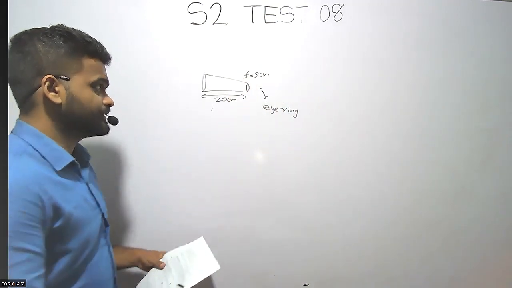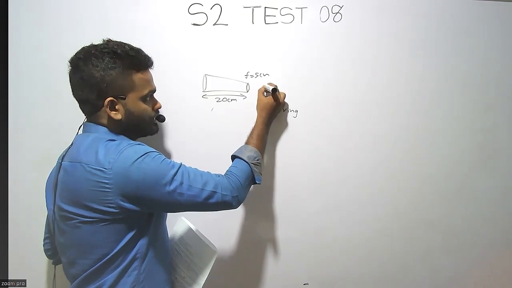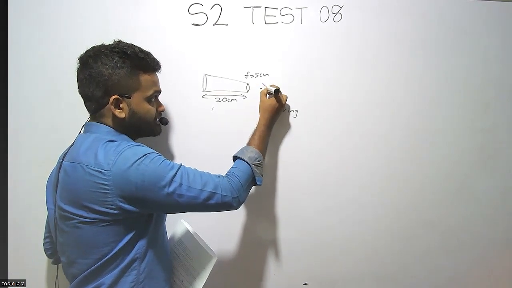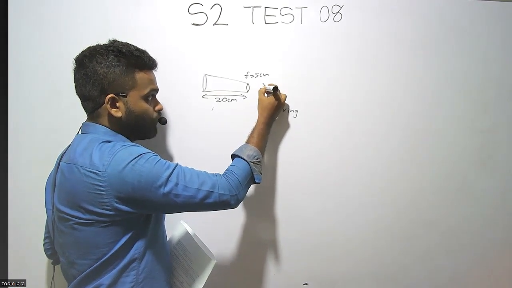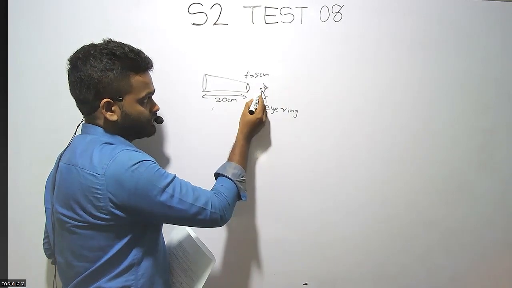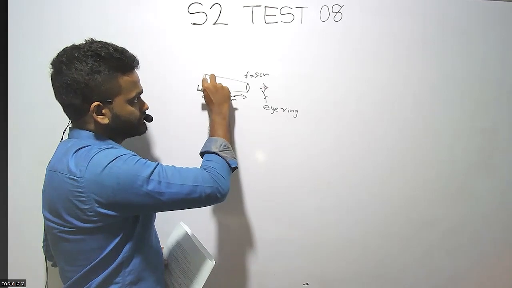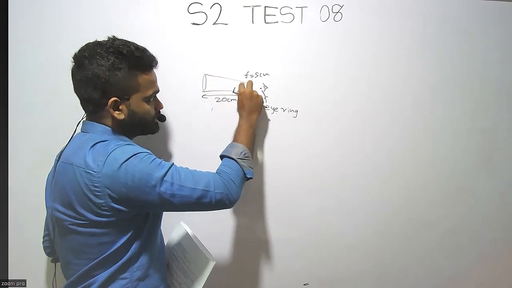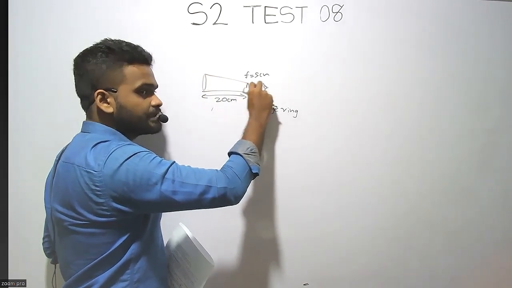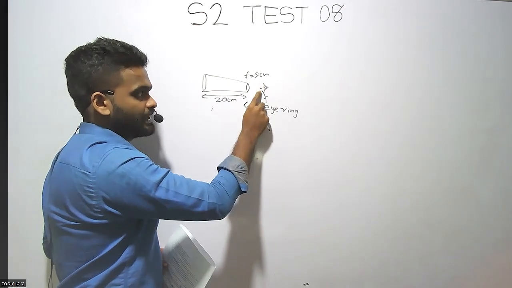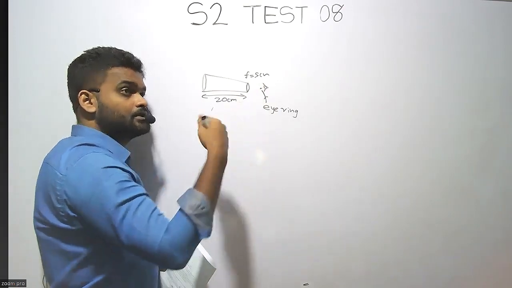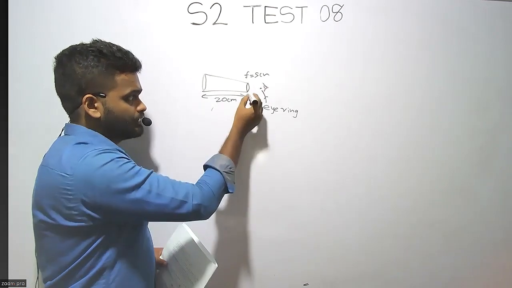So in those cases, it is better to place the eye at an optimal position. So all the light coming from that after going through the telescope would enter the eye if you place the eye at the eye ring. So for that you need to find eye ring, right?